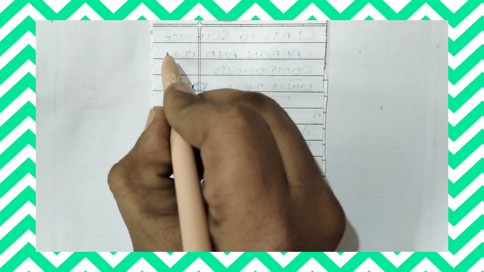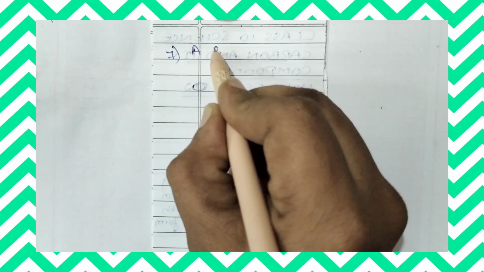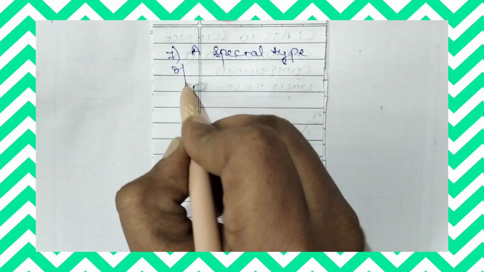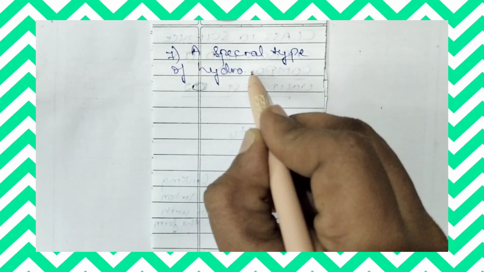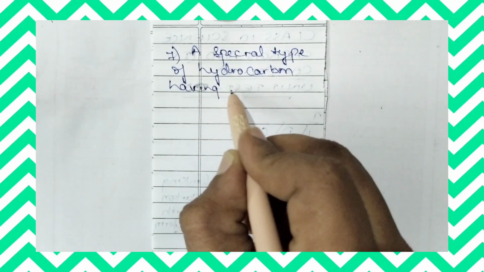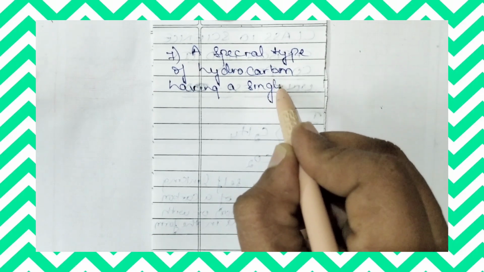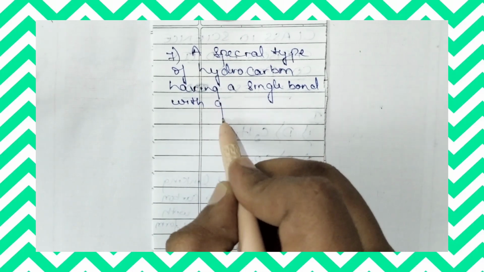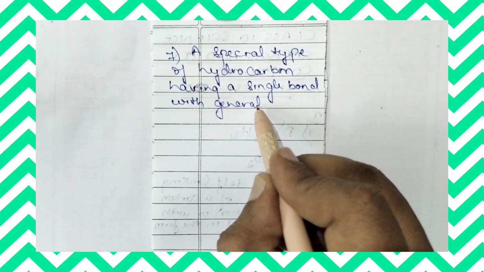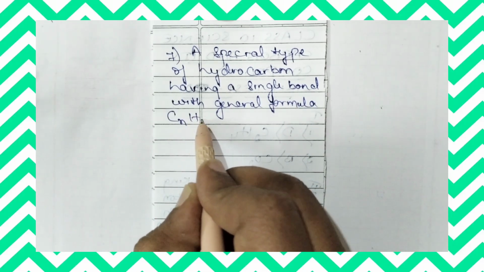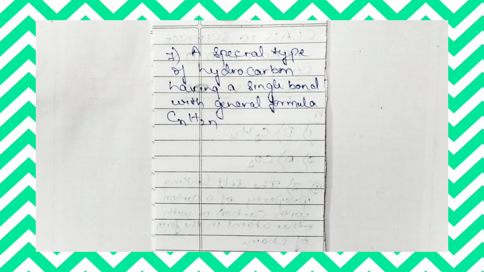A cyclic hydrocarbon is a special type of hydrocarbon having single bonds, with general formula CnH2n.